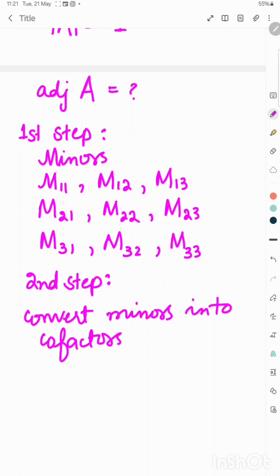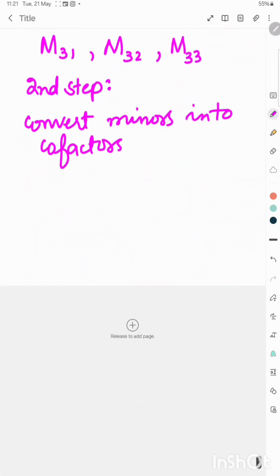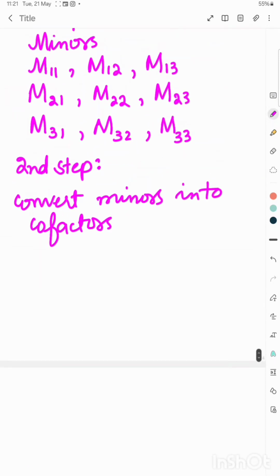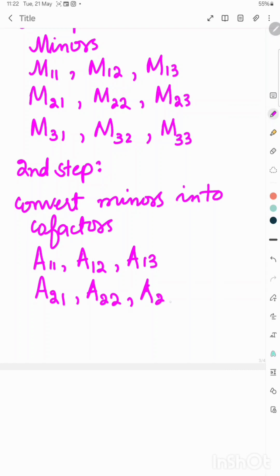So we will get our cofactors, and cofactors are always represented by capital A11, A12, A13. Second set is A21, A22, A23, and third set is A31, A32, A33.